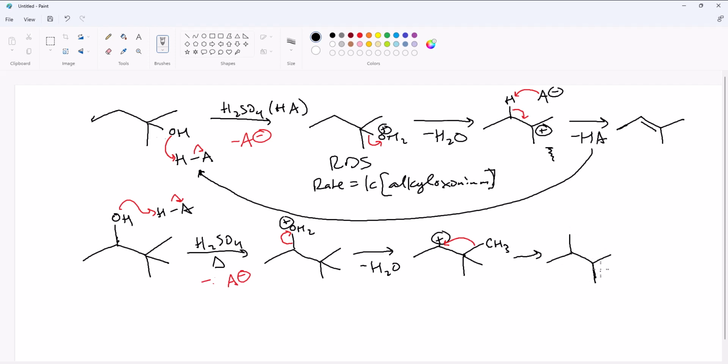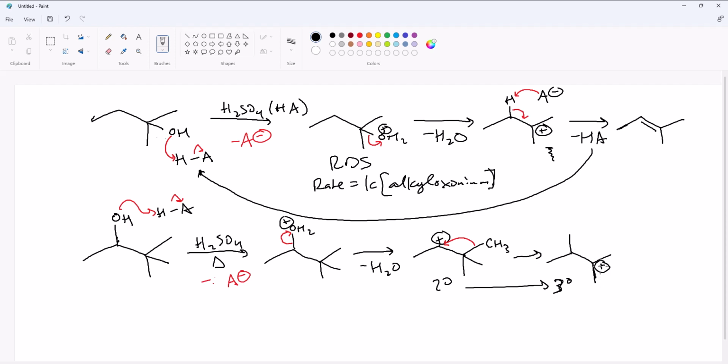What we see now is a tertiary carbocation. So we went from a secondary to a tertiary carbocation, which is more stable. Remember, if we can generate a more stable carbocation through a hydride shift, a methyl shift, or an alkyl shift, we will do the rearrangement. They are fast, they are favorable, and they will stabilize the carbocation intermediate.